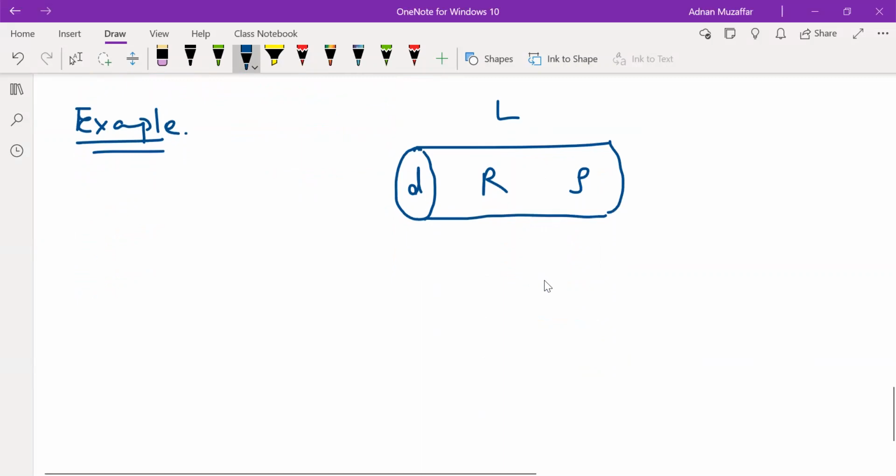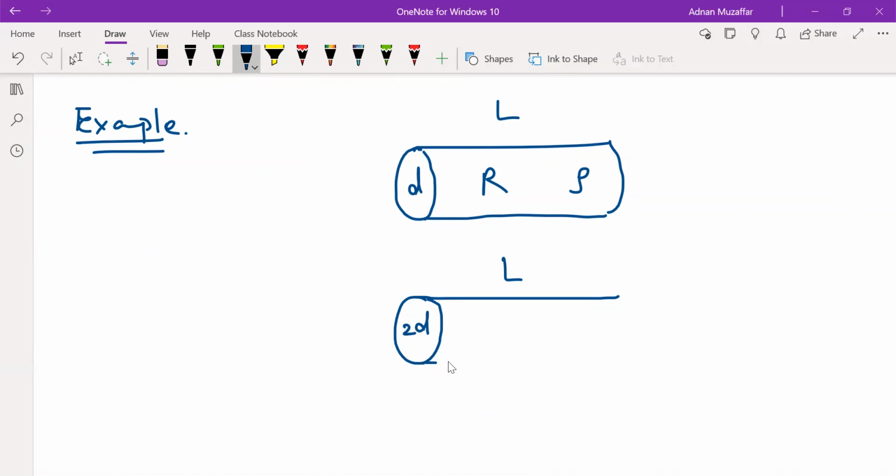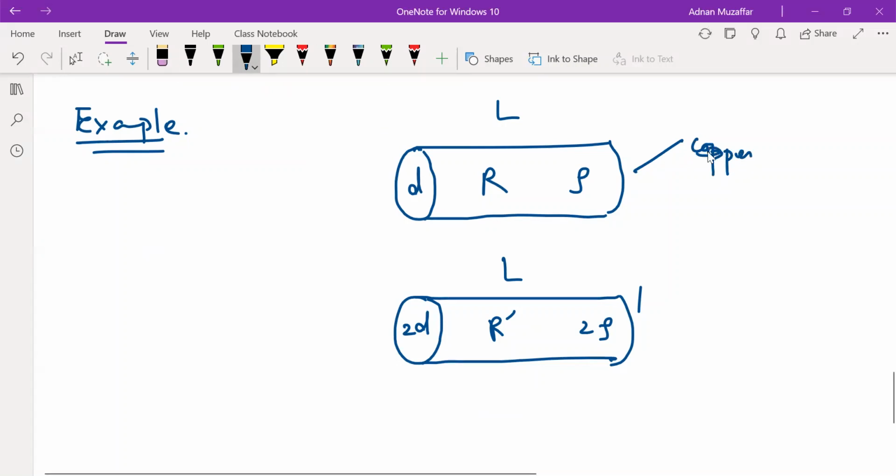And now there's another wire which has the same length and diameter is maybe 2d and resistivity is 2 rho. So what will be the new resistance? And the resistivity is different now. It's a different type of material for this wire. Maybe this is copper wire, maybe that is steel wire or whatever. Any type is different.